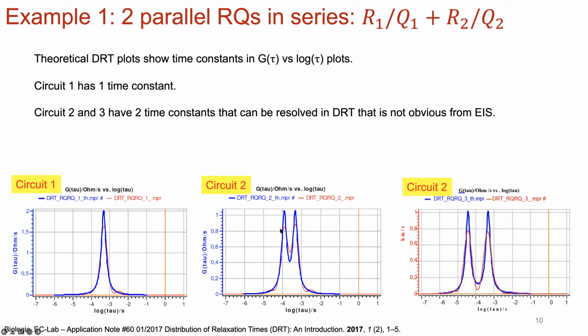If you expect two, you could see here that at least the theoretical is much more well resolved than the real G of tau. And then if you have another circuit, circuit 3, where there's also a distribution of time constants, but it's more spread out, then you can resolve that.